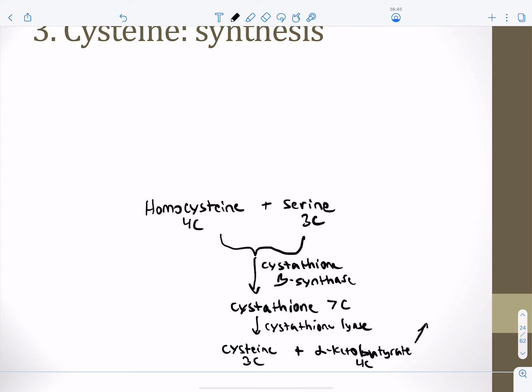And then alpha ketobutyrate can become propionyl-CoA. And you guys all know what happens with propionyl-CoA. Okay, so once you have cysteine, cysteine will negatively regulate your beta synthase. So it's a feedback regulation. Cysteine is going to be important, of course, in things like protein synthesis.